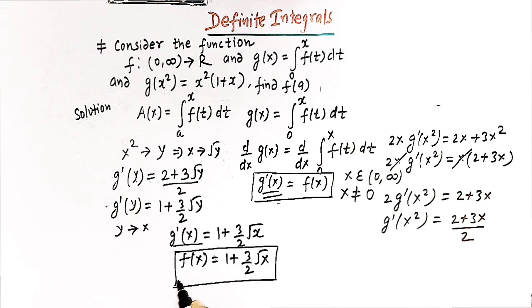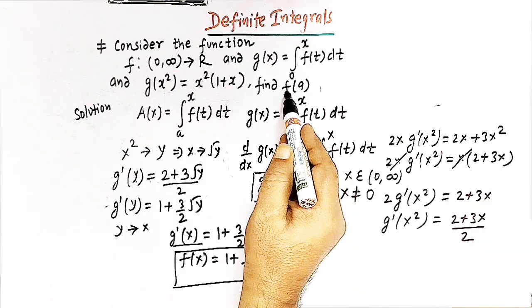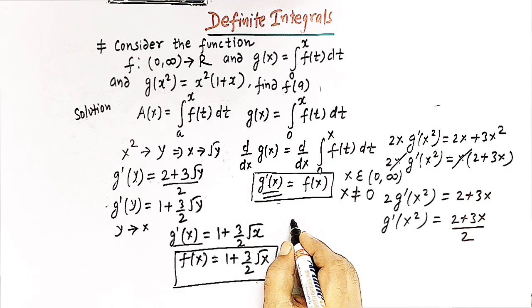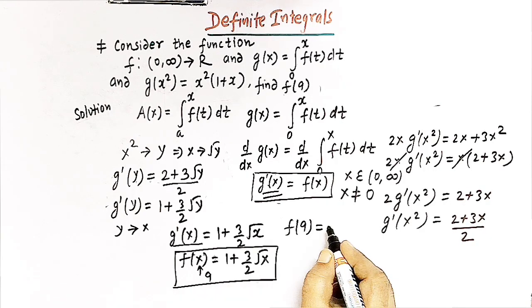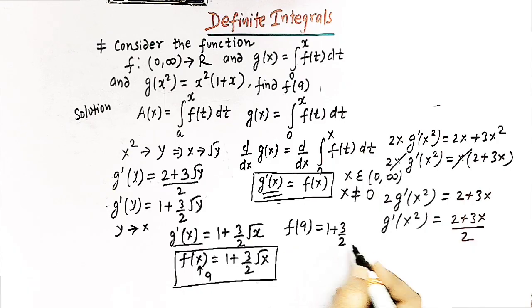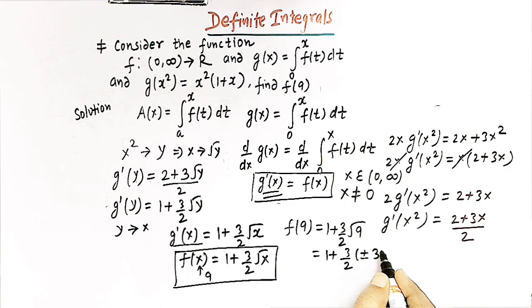So we have found the value of f of x. So now we can easily calculate the value of f of 9. So f of 9 can be obtained by replacing this x by 9. So we have 1 plus 3 over 2 times square root of 9. Now here we can write 1 plus 3 over 2, and square root of 9 can be taken as plus minus 3.